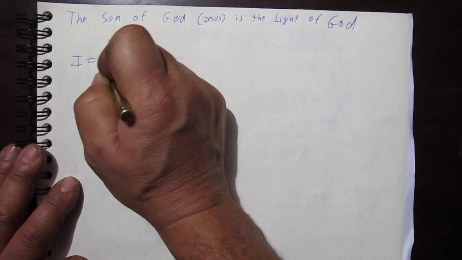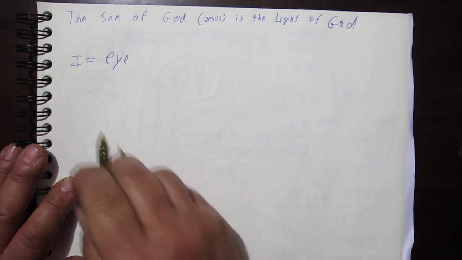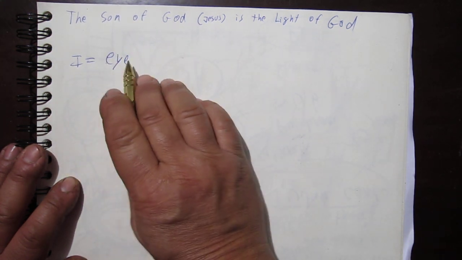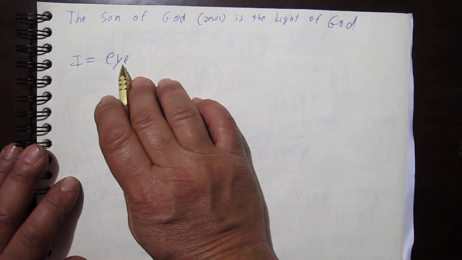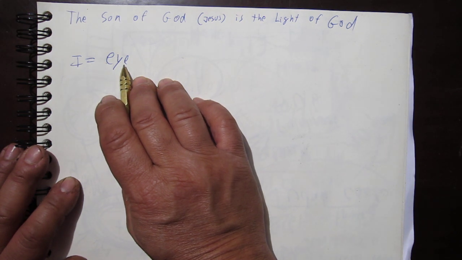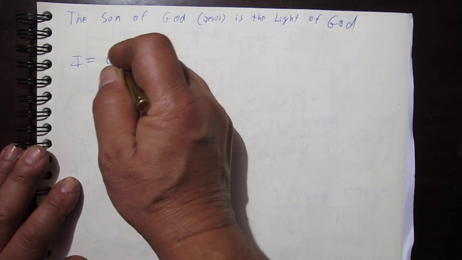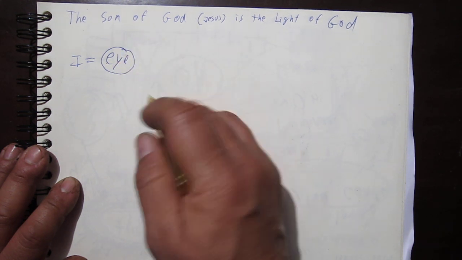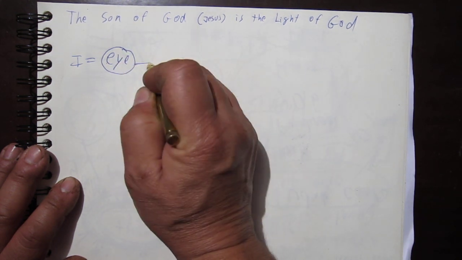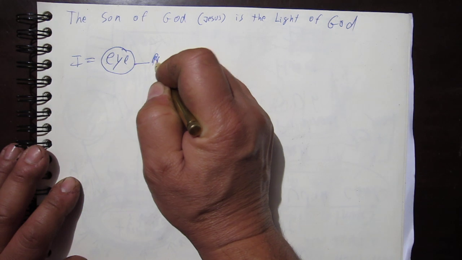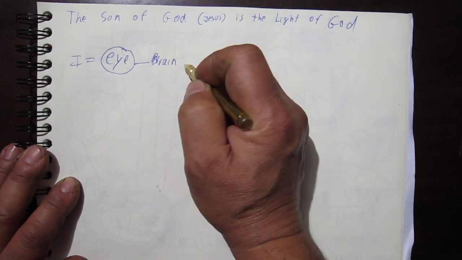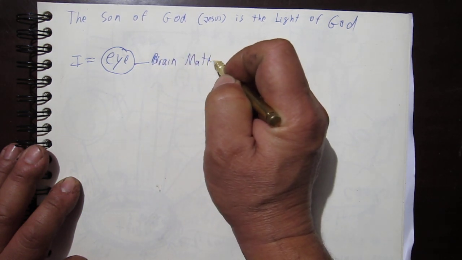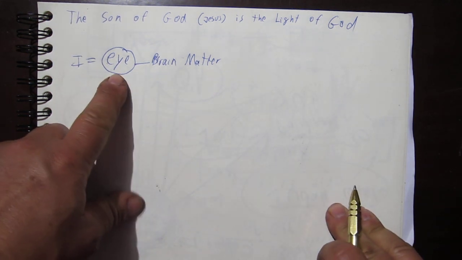I equals I. So I, identity, equals I, as in your eyeballs. One way to look at this is that the matter inside the eye is actually the same as brain matter. So this homonym, I don't know how it came about. It's very interesting.